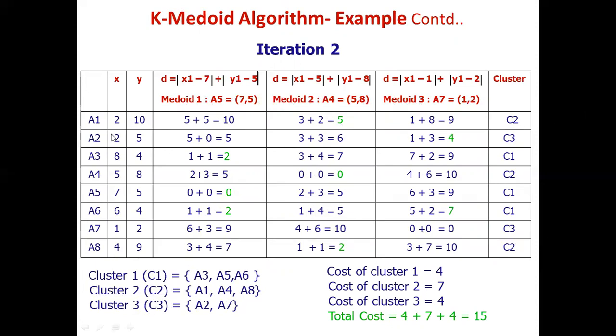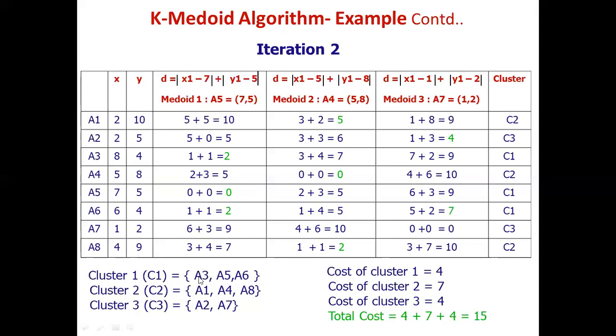For example, consider the data object A3, which is (8, 4). The distance from A3 to the first medoid is 2, to the second medoid A4 is 7, and to the third medoid A7 is 9. So among these distances, the distance from A3 to the first medoid A5 is minimum. So it is moved to cluster 1. Previously it was in cluster 2. Now calculate the cost for forming the clusters. The total cost here is 15. The data objects present in the clusters are given here.